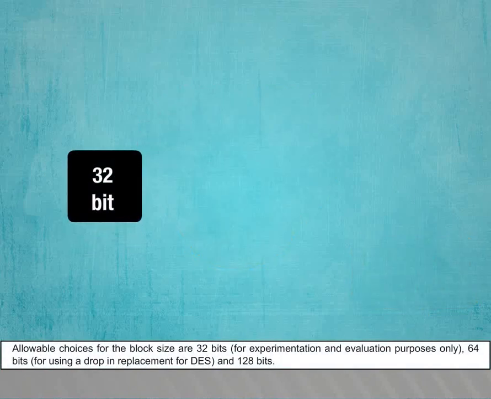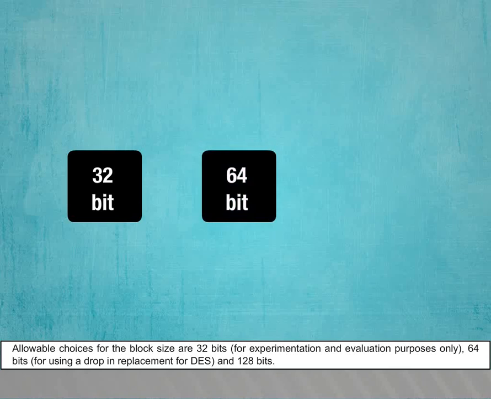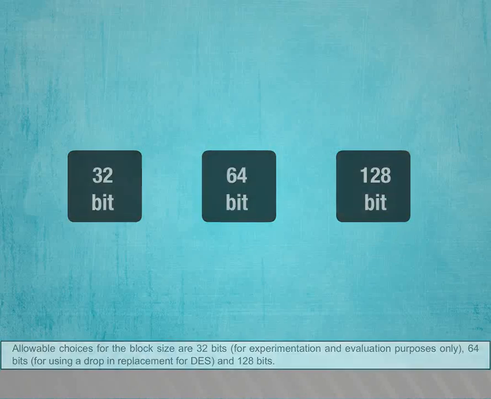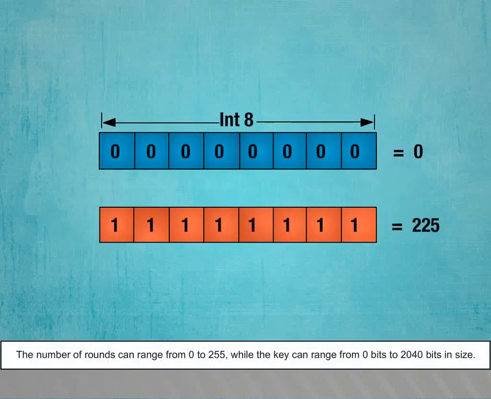Allowable choices for the block size are 32 bits for experimentation and evaluation purposes only, 64 bits for use as a drop-in replacement for DES, and 128 bits. The number of rounds can range from 0 to 255, while the key can range from 0 bits to 2040 bits in size.